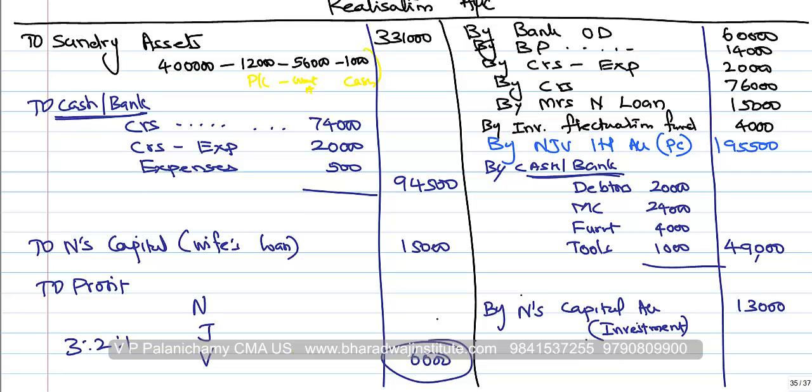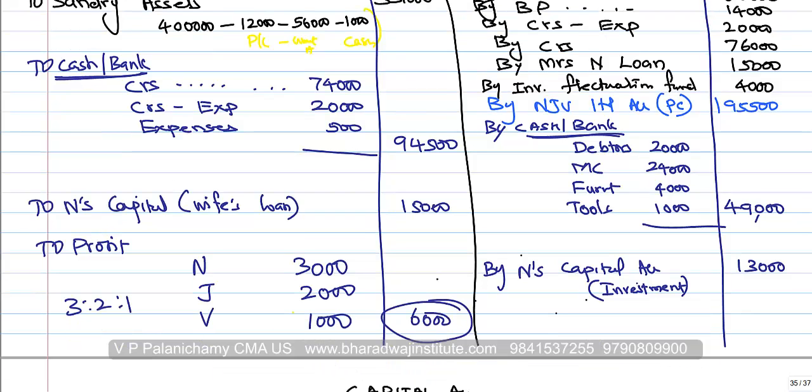How much? 3,000, 2,000, 1,000. And in the capital account, don't forget to enter this amount. This investment taken over and what? The wife's loan settled. Please enter that amount, then you can record that profit.